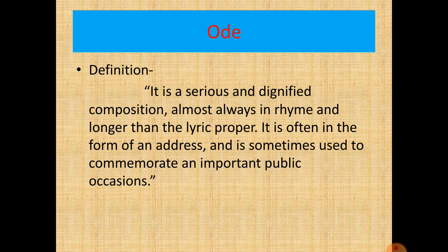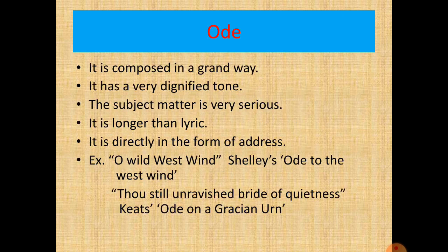First of all, an ode is a longer form of poetry and it's a very dignified composition. So dear students, now I would like to talk about its features in detail.